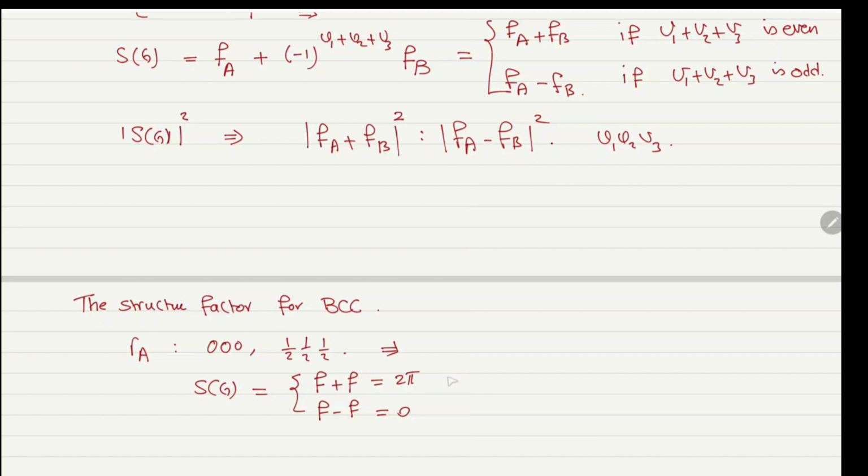So it is 2f if and only if v1 plus v2 plus v3 is even, and 0 if and only if v1 plus v2 plus v3 is odd.